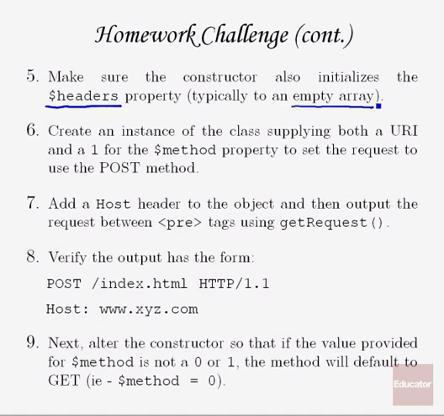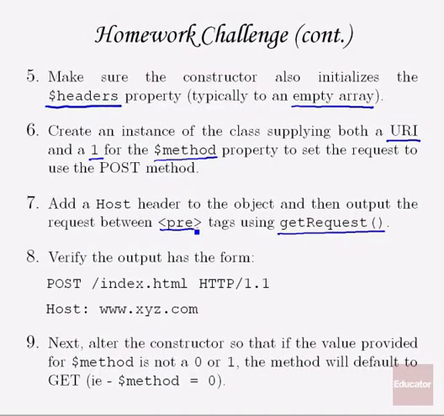And then I want you to go ahead and create an instance of this new updated HTTP class where you supply it both some random URI like /index.html and then a 1 for the method property, a 1 that's going to set the method property to the POST method. Go ahead and add a host header to the object using our add header method, and then call getRequest on that object and output its output between pre-tags.